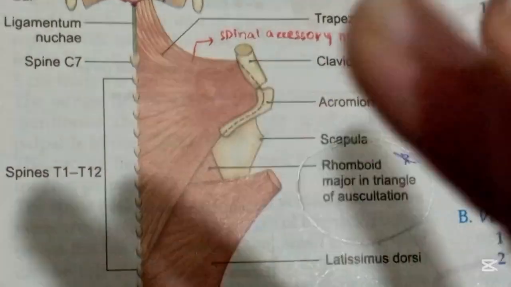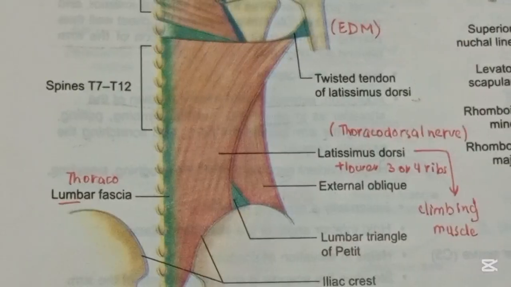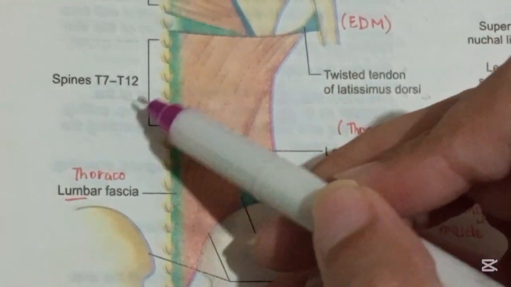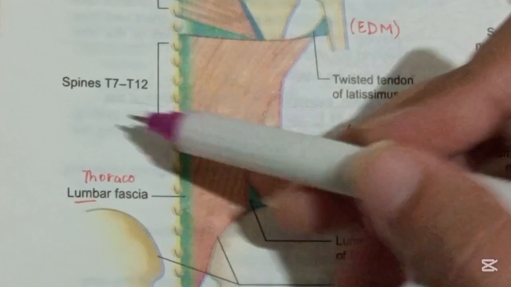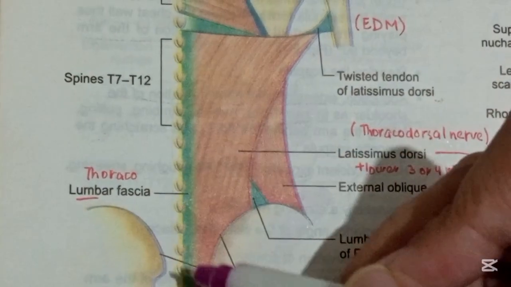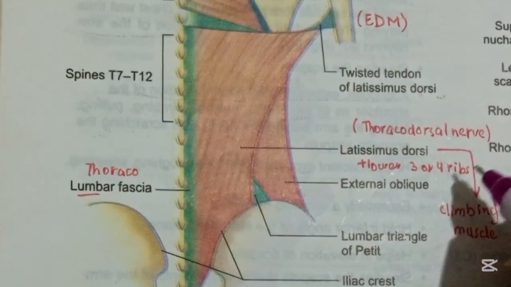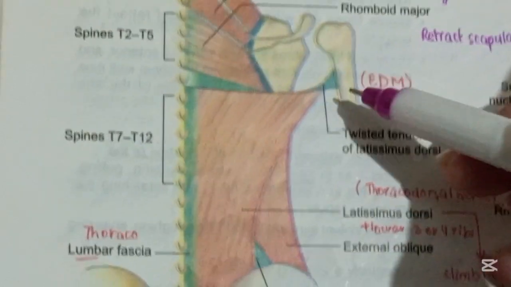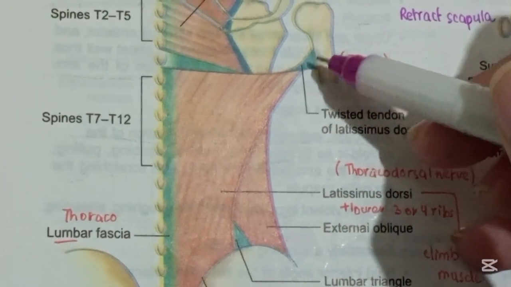Now let's move towards the latissimus dorsi. This muscle originates from the spines of T7 to T12, like the lower 6 thoracic vertebra, from the thoracolumbar fascia, this iliac crest, and also from the lower 3 or 4 ribs, and it is inserted into your humerus bone in the intertubercular sulcus.